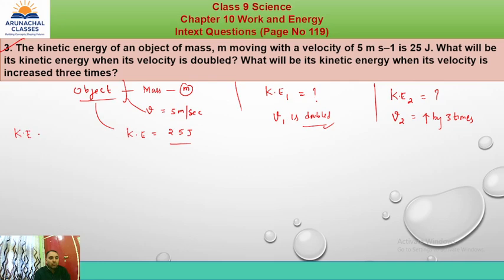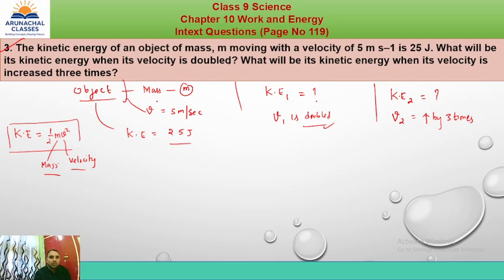So first of all, we should know the equation: kinetic energy for a moving object is given as half mv square, where m is the mass of the object and v is the velocity of the object.